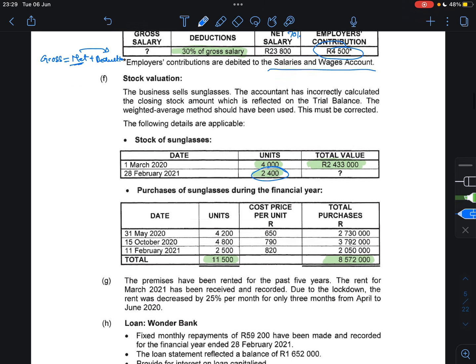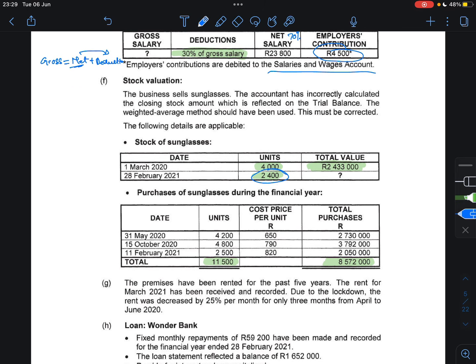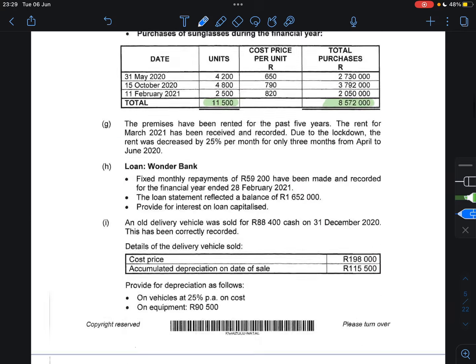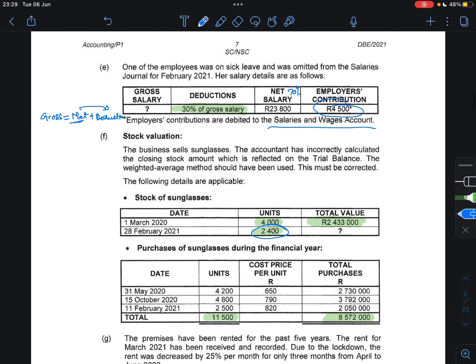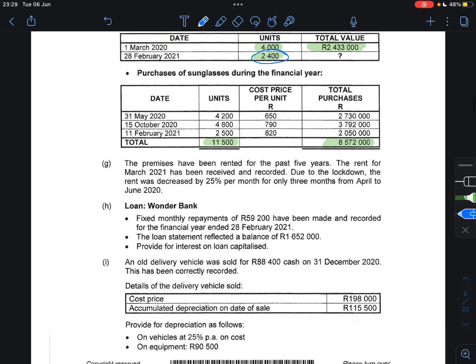So calculating our gross salary, let's do the calculation here. What we want is 100% over what we know, which is 70, multiplied by the given amount, which is 23,800. So that's 34,000.